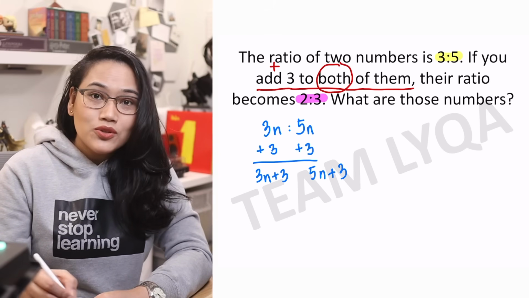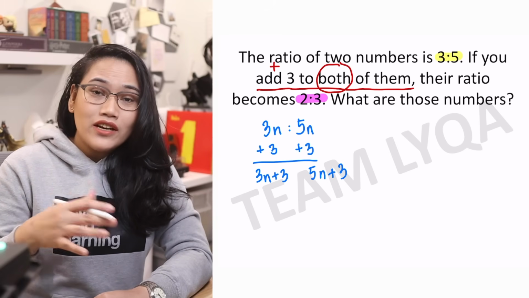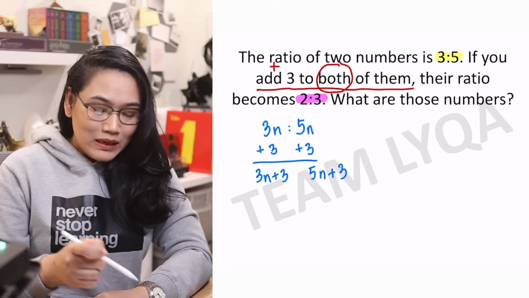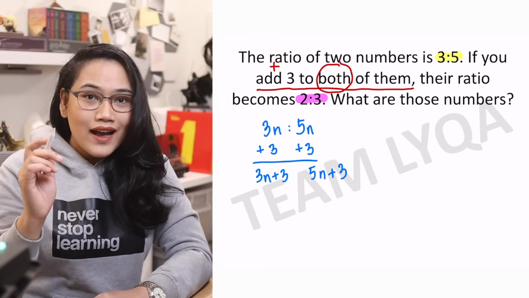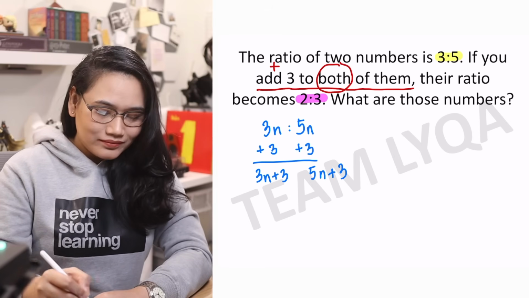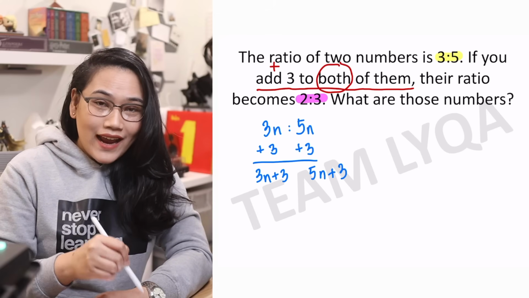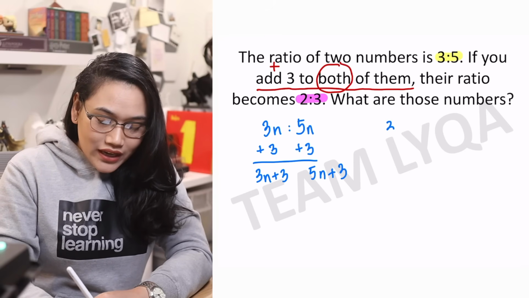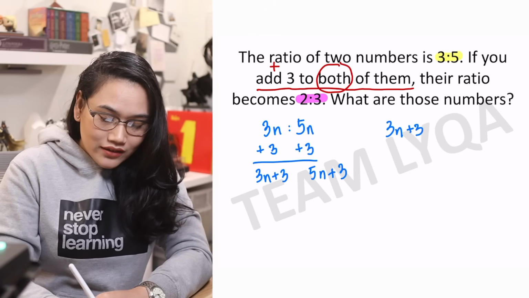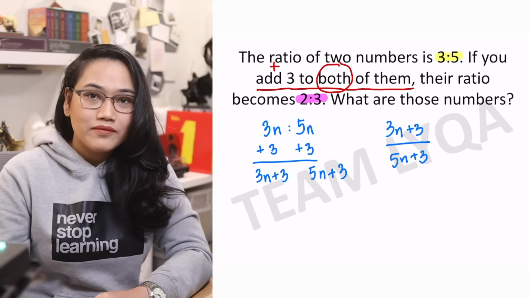Their ratio becomes 2:3. Now, the way that we write ratio and proportion din, maliban dito sa may is to write it as a fraction. At importante dito yung tapat dapat. So, pwede ko isulat yung bagong nangyari after adding numbers as 3n plus 3 over 5n plus 3.